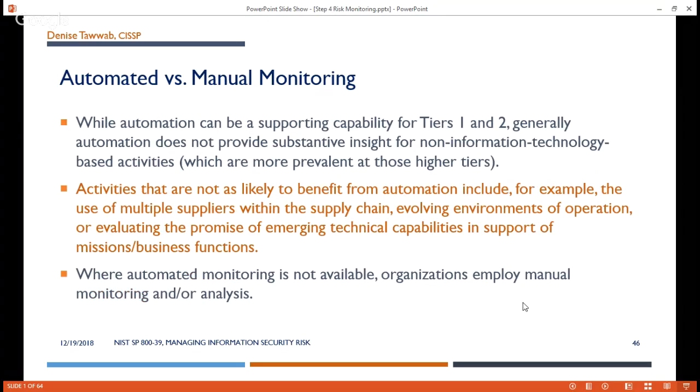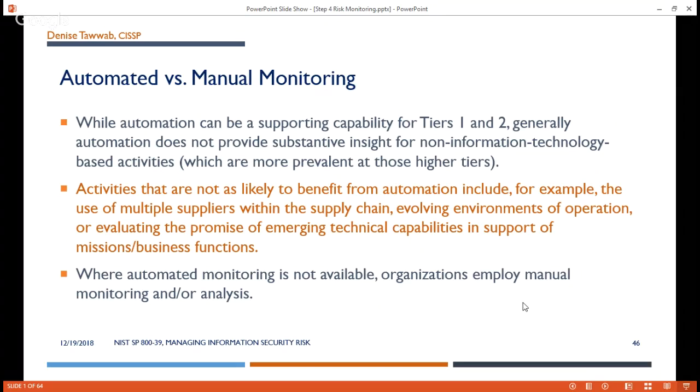While automation can be a supporting capability for tiers 1 and 2, generally automation does not provide substantive insights for non-IT based activities, which are more prevalent at those higher tiers 1 and 2. So automation pretty much is a tier 3 kind of thing, your system level. Tiers 1 and 2, not so much.